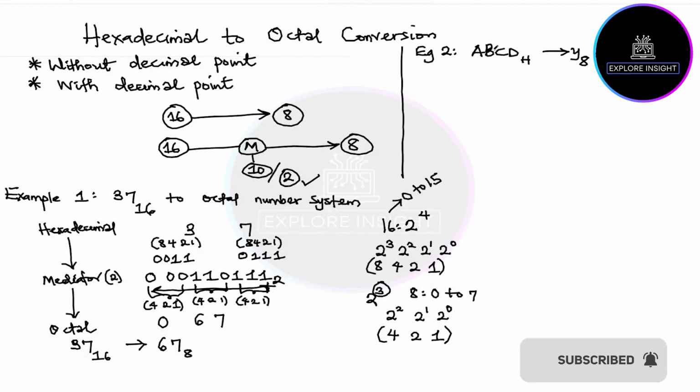So, which is hexadecimal. Just like what I said, we use the hexadecimal form, the mediator, which is binary, and then lastly, the octal value.